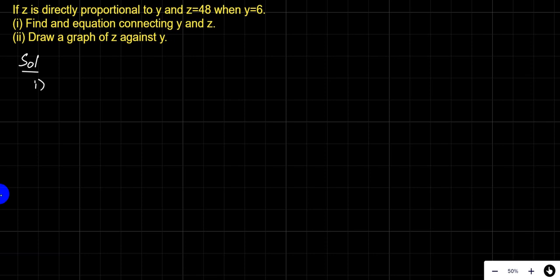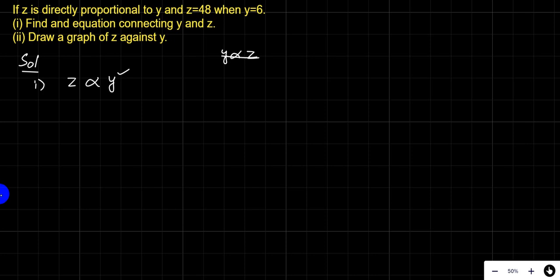The first part is z directly proportional to y. One thing to keep in mind: if the statement given is y is directly proportional to z, then your equation should be like this. But here we are given that z is directly proportional to y, so we choose this one.